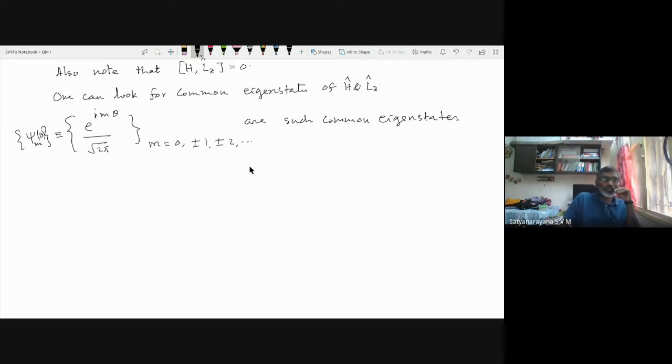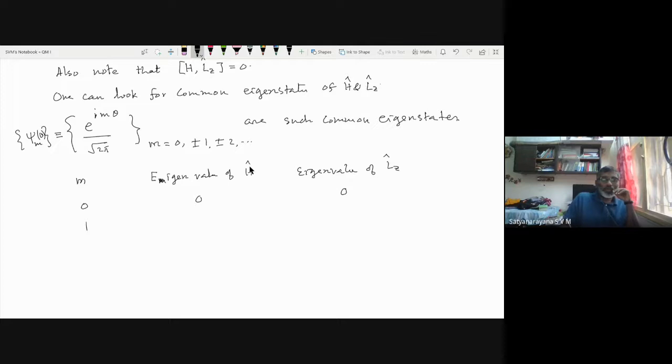Now suppose you have the m value, then the eigenvalue of the Hamiltonian, Em, and the eigenvalue of Lz. If m is equal to 0, this is 0, and this is also 0.